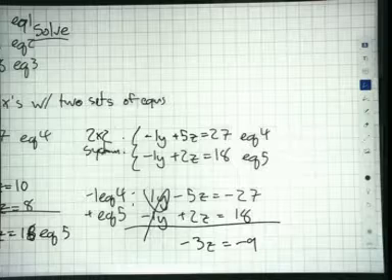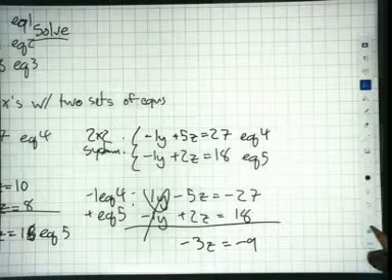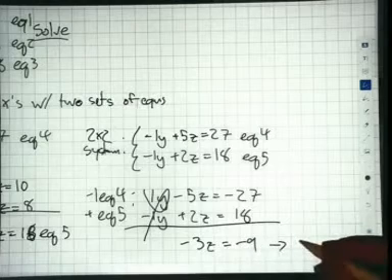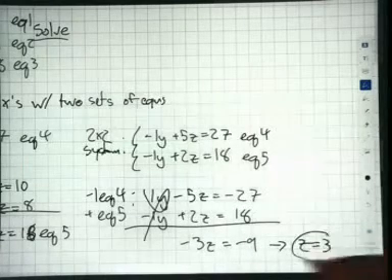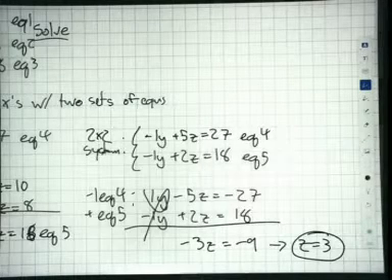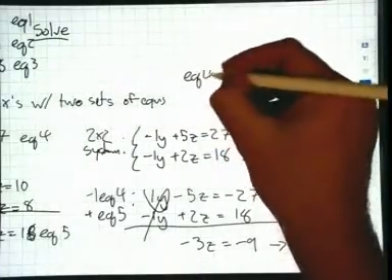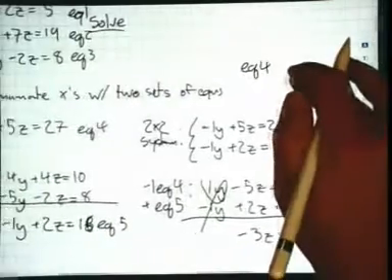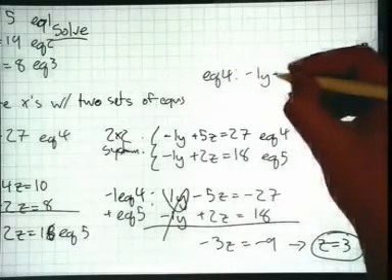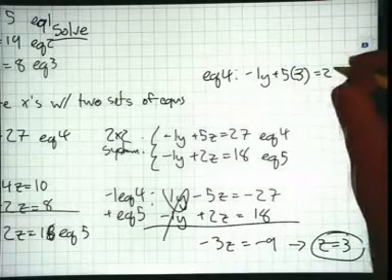Alright. Now I can start getting my values for x, y, and z. Negative 3z equals negative 9. That means z has got to be equal to 3. Right? Z has to be equal to 3. So then I can work backwards. So maybe if I come back up here to equation 4, where I have negative 1y plus 5 times a 3, it's positive 3, is equal to 27.